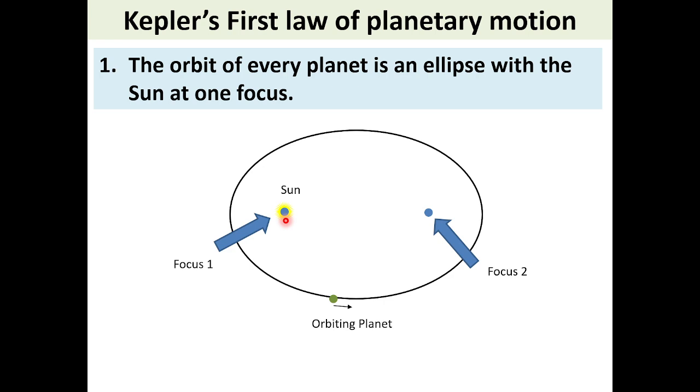Only here the sun will be, and the planet will be on this orbit, which is ellipse in shape. No mass is here. So this is Kepler's first law. Kepler's first law tells that the shape of the orbit of a planet around the sun is an ellipse, and the sun is at one focus.